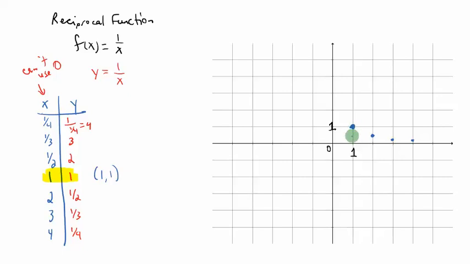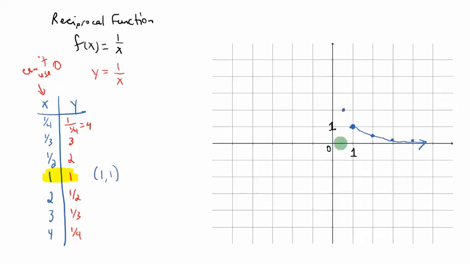What we're seeing is, as we move to the right, our y values are getting infinitely close to the x-axis, but it never touches the x-axis. Okay, so that's very interesting. Let's look at what happens if I look at the x values between 0 and 1, such as 1/2. If x is 1/2, which is right here, y is 2.